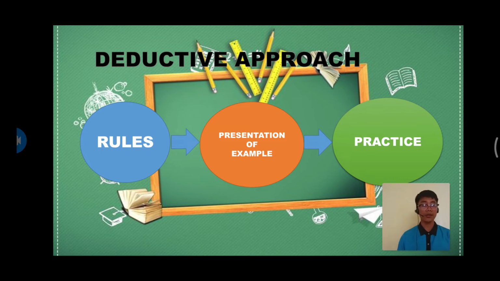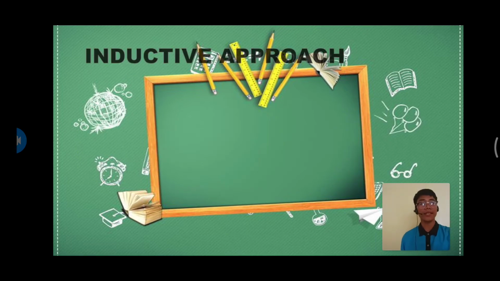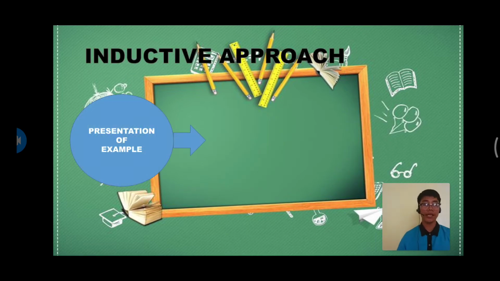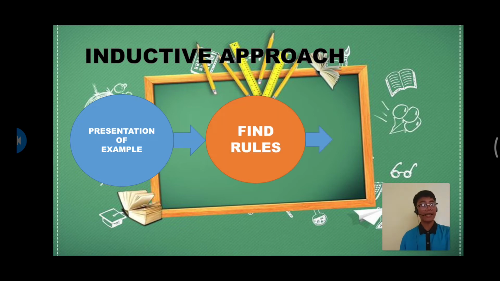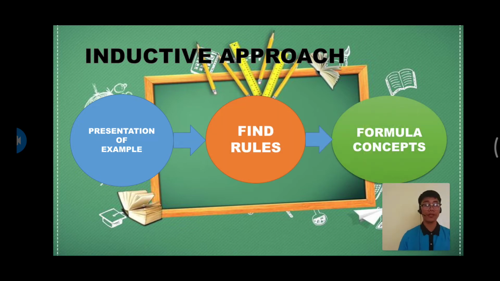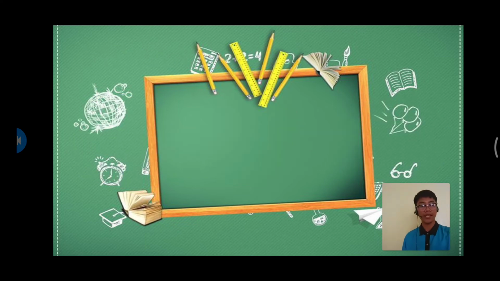It is also the summary, or it is also where we assess the students on how much they have learned about the lesson. While in the inductive approach, the teacher has to present examples first, then find the rules, and then the formula or concepts. So as you can see in these two diagrams, the deductive approach is the opposite of the inductive approach.